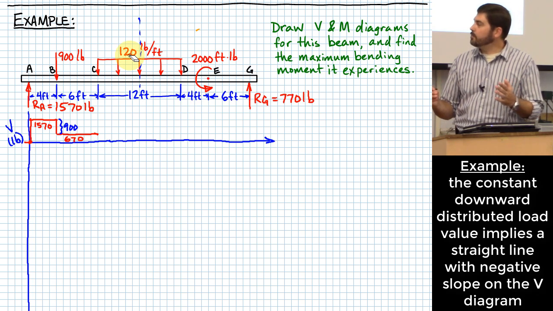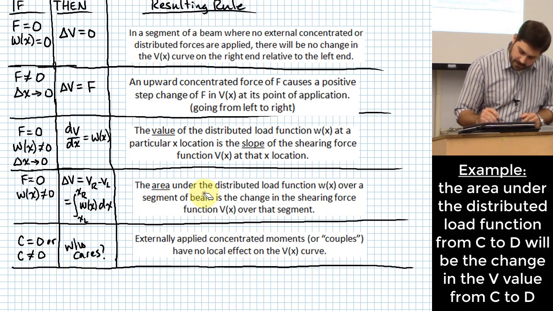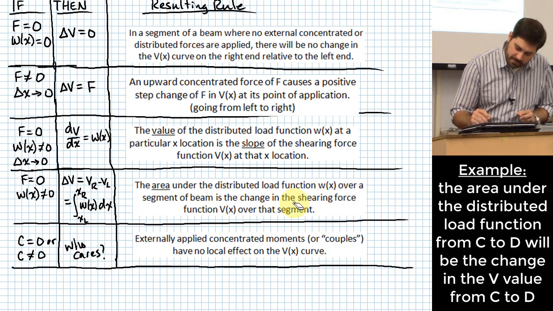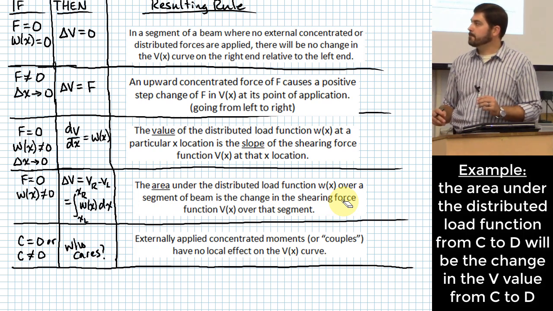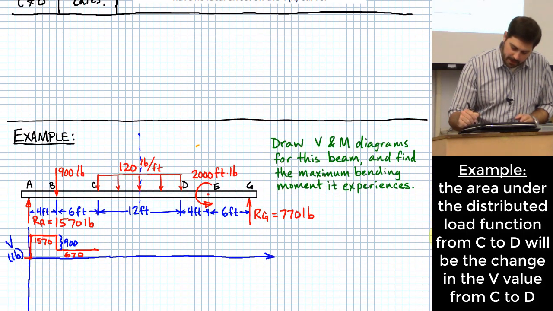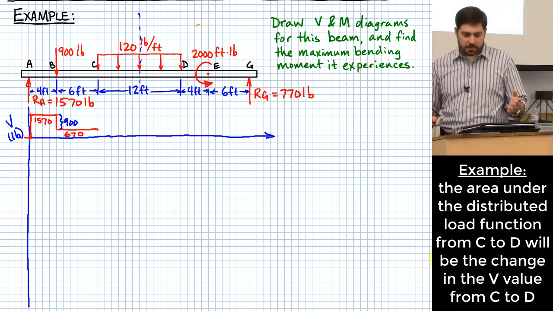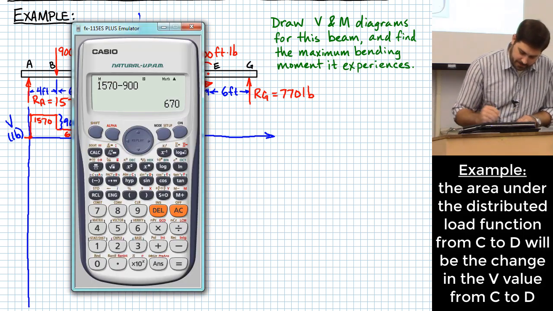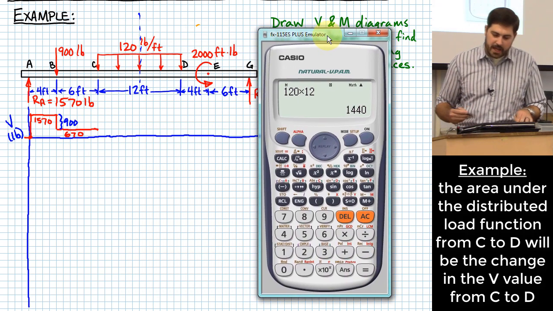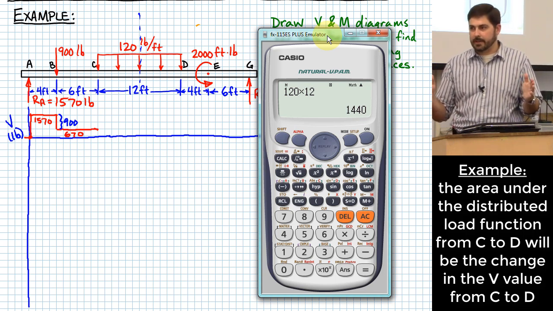And that makes sense with this other rule that says the area under the distributed load function over a segment of beam is the change in the shearing force function V of x over that segment. So what's the area of the distributed load function? 120 pounds per foot times 12 feet. Let's figure out what that is. 120 times 12 will be a change of 1,440 pounds over that 12 feet of length.